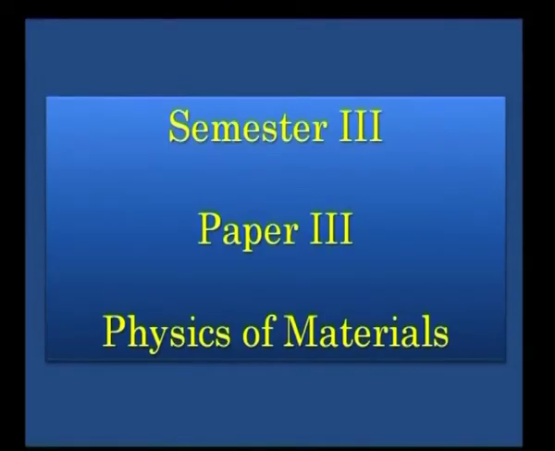Welcome to the UGC lecture series on applied electronics, and this talk will be from the section on bonding in solids in the paper on physics of materials, which forms a part of the course.